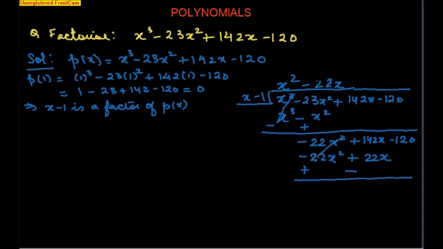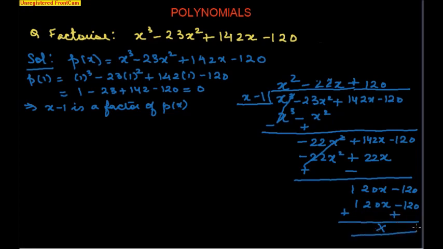This gets 0, and I get 120x minus 120. The next term of the quotient is plus 120. When you multiply 120 by x minus 1, you get 120x minus 120. We change the sign and the remainder comes out to be 0.